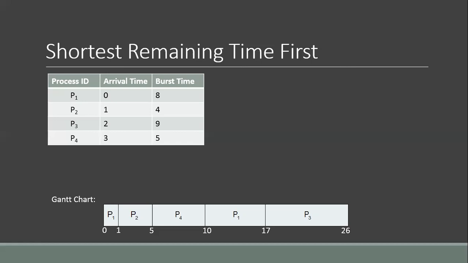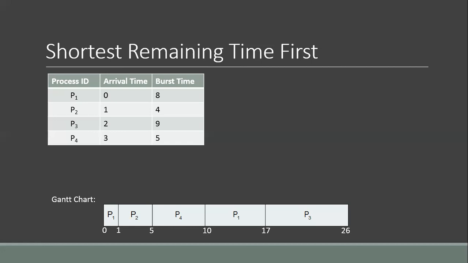At time 1, while process P1 was still running in the CPU, a new process P2 has arrived in the ready queue. When a new process arrives in the ready queue, what do we do? We compare the burst time of this newly admitted process with the remaining burst time of the currently running process.